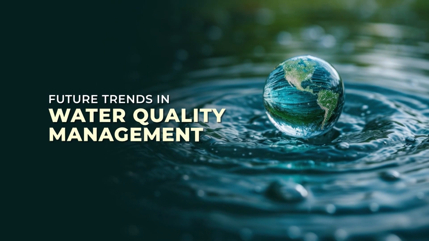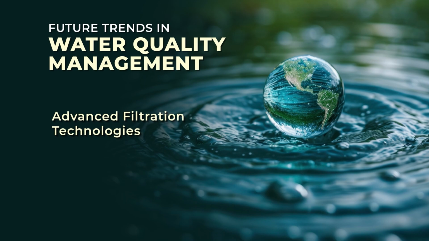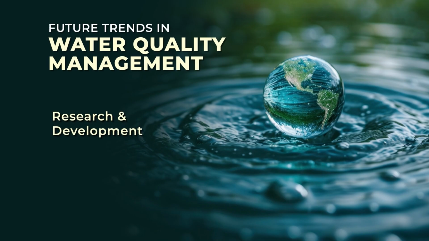Now, what are the future trends? Advanced filtration technologies, smart monitoring, and sustainability are very important, particularly in the use of water and reducing water waste in food processing. And a lot of research should be done in our own plants on how we can improve water quality management practices.